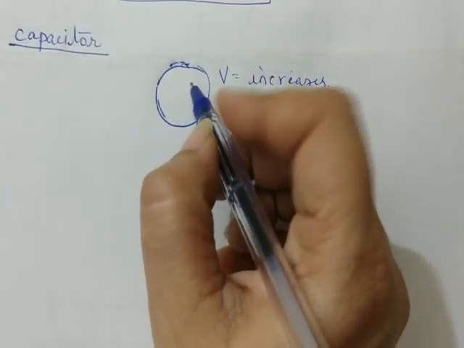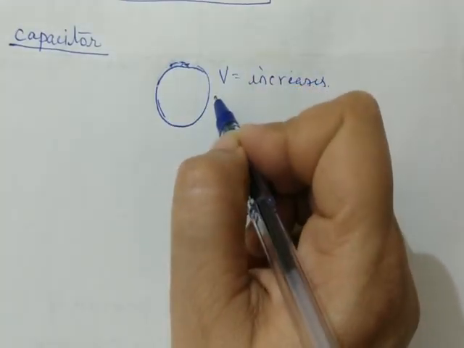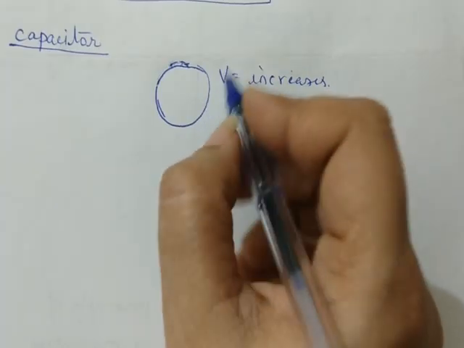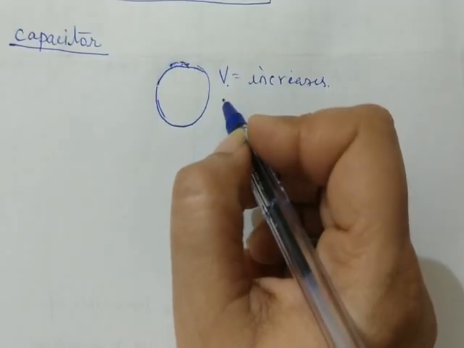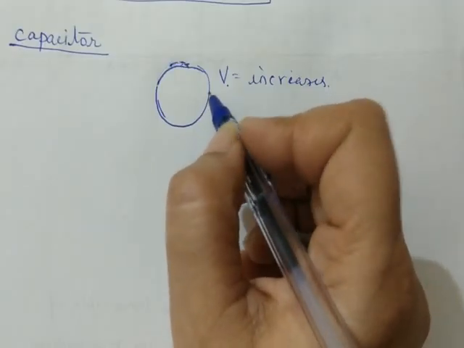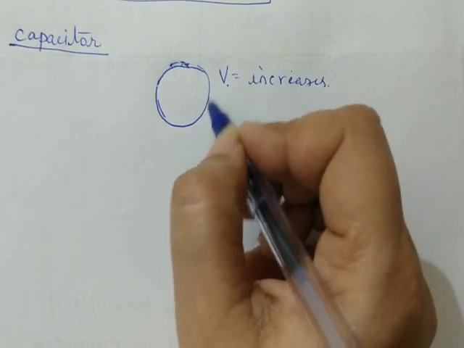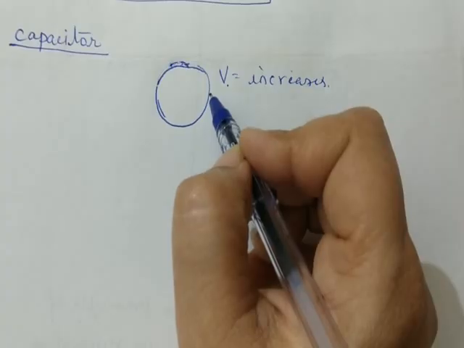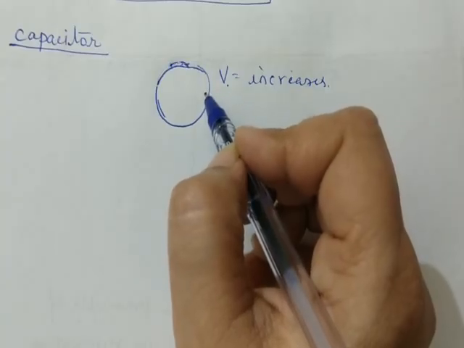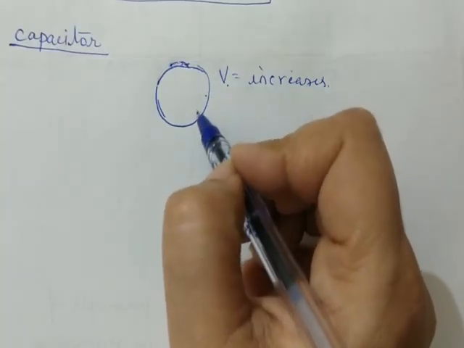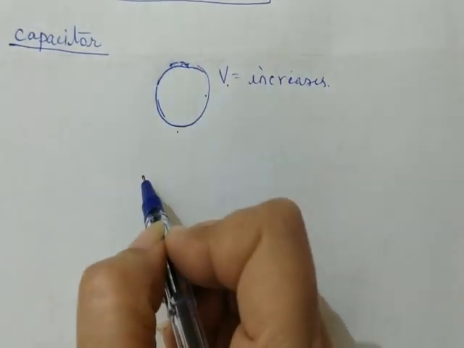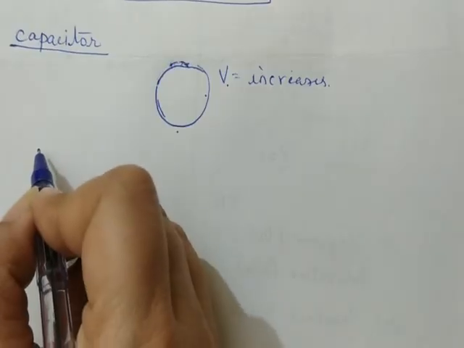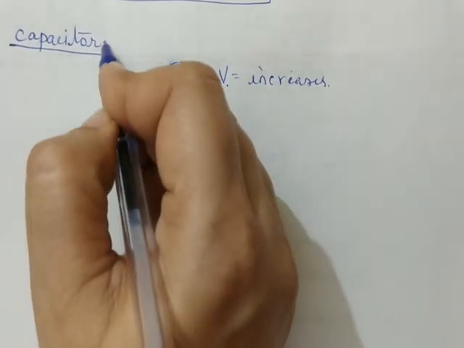Now there is a limit to the maximum value of voltage on this surface. So we can supply charge to it only up to a limit. When the conductor is in its saturation position, that it has taken maximum charge, after that it will not take more charge. So to increase its capacity, we use another method, and we design a device called a capacitor.